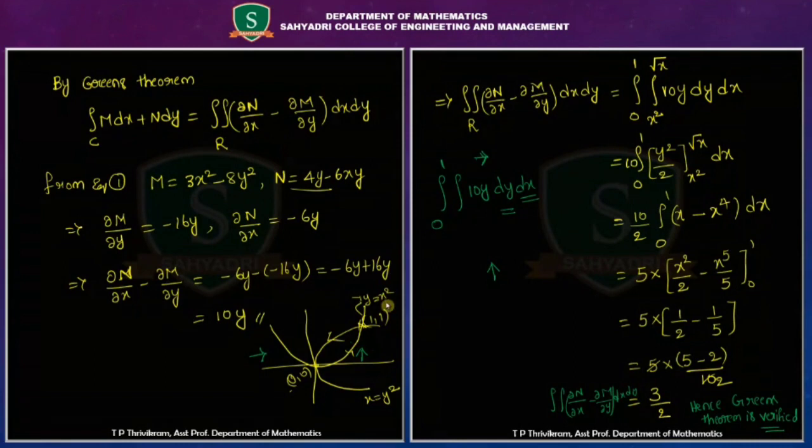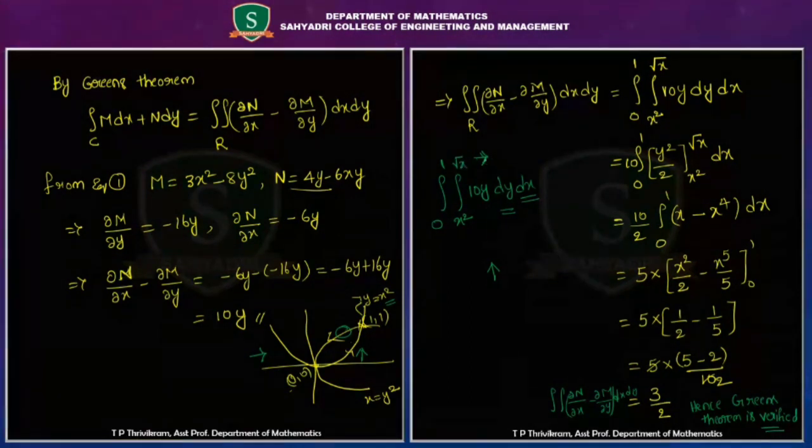This is y equal to x square, right? So that's why I have written y equal to x square here. Next curve, where does it end? Here it is ending. So this is the root x curve. So in this way you have to write the limits.